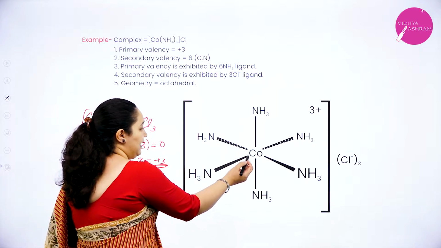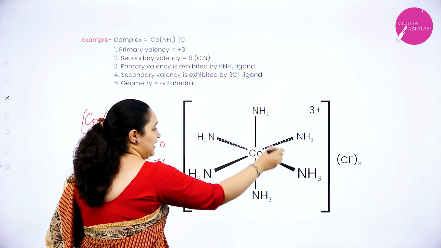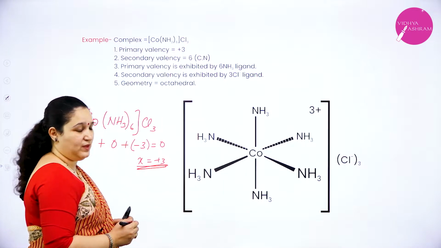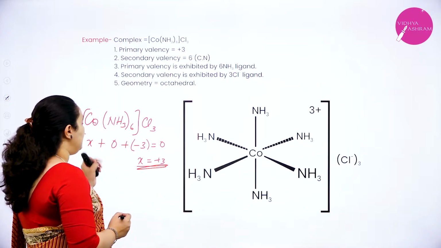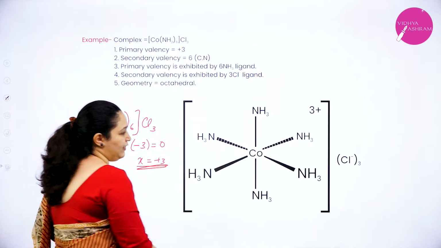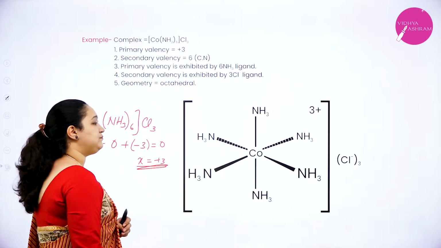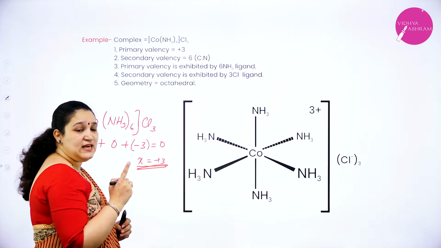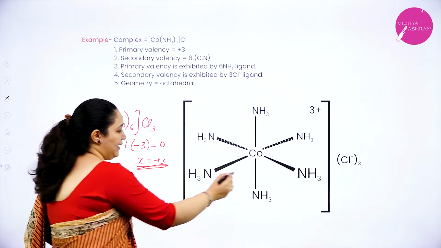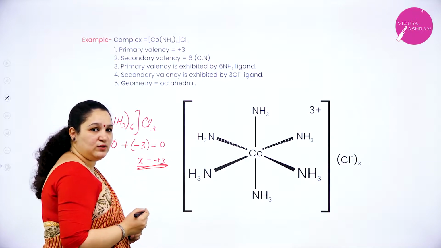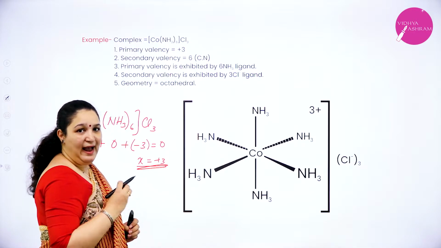The cobalt is attached to 6 ligands. So the secondary valency will be 6. The primary valency +3 is satisfied by 3 negative ions, and the secondary valency 6 is satisfied by 6 amine ligands which are there around the central metal atom.